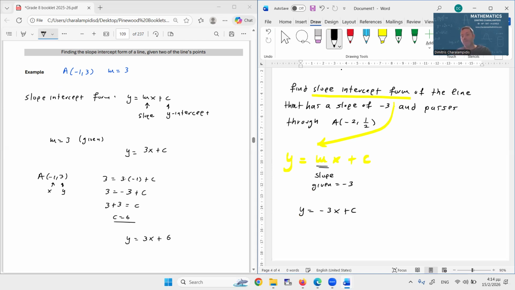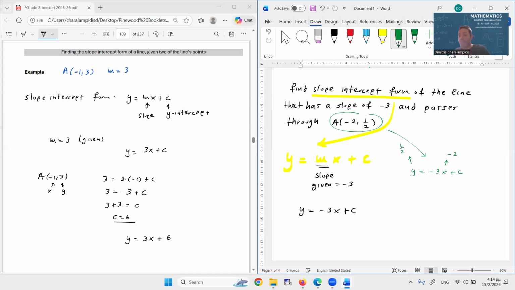How can I find the value of c? I will now use the coordinates of that point. What does that mean? That I will go to the equation of the line that I have. Instead of x, I'll place the point's x coordinate. Instead of y, I'll put the point's y coordinate respectively, 1/2.